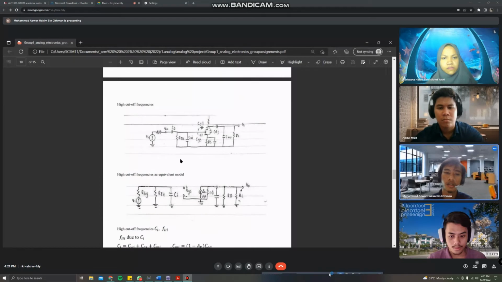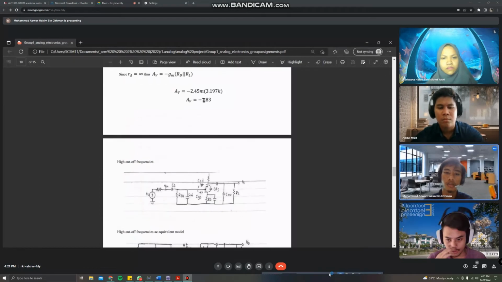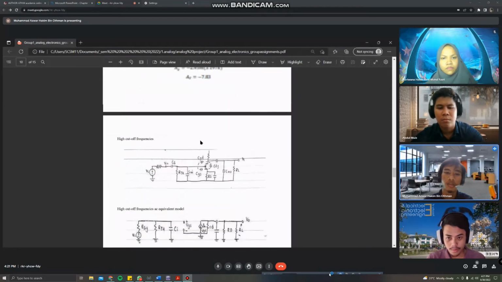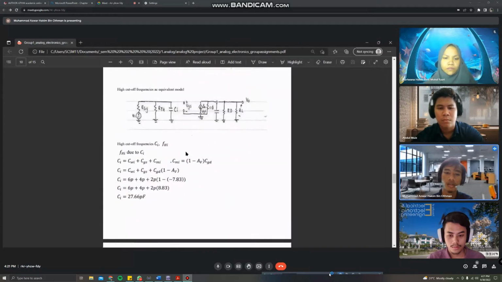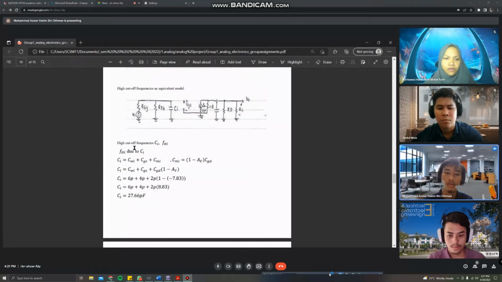After we get the voltage gain, we use the voltage gain value to find the high cutoff frequency in and out. For the cutoff frequency due to Ci, the input capacitance, FHi. This is the formula for the input capacitance.